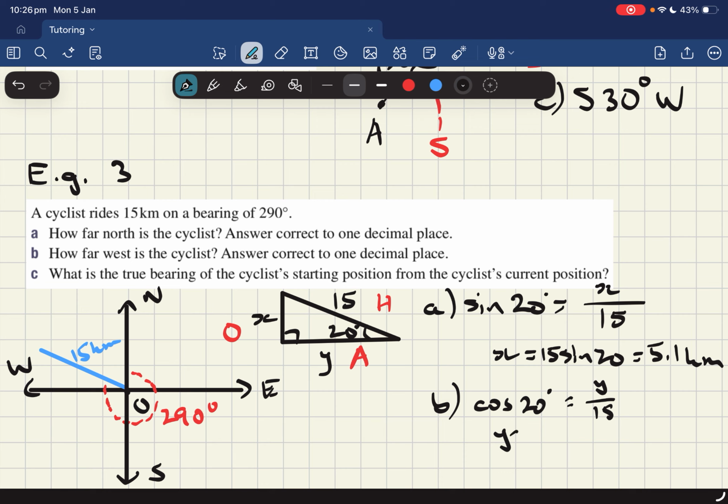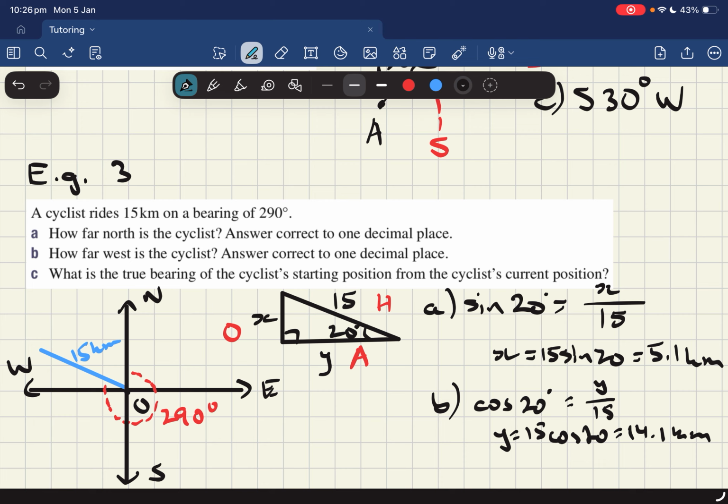So y equals 15 cos 20. We put that in our calculator, 15 cos 20, and that gives us 14.1 kilometers.